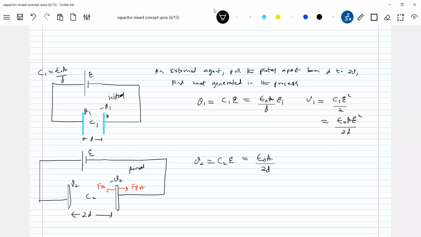C2 is equal to epsilon naught A by 2d. So the final energy will be half C2 E square, and that 2 into 2d will become 4d.